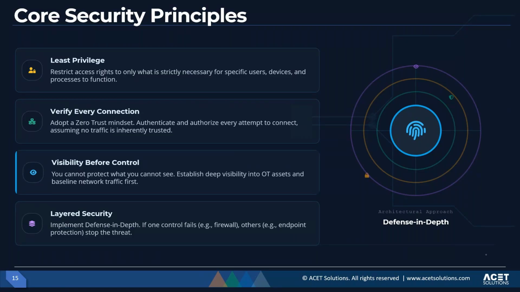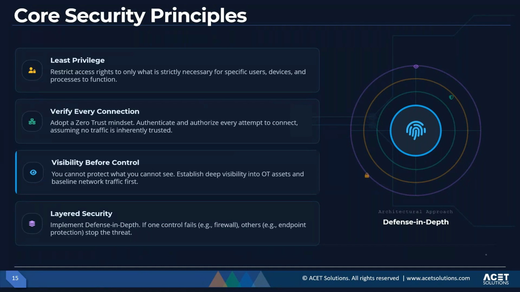For example, a passive network monitoring tool can map PLC to HMI traffic, detect an unauthorized device plugged into the switch, or identify abnormal Modbus write commands. Only after gaining full visibility can security controls like segmentation, access rules, or anomaly detection be applied correctly and safely.